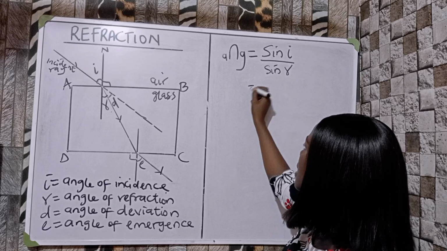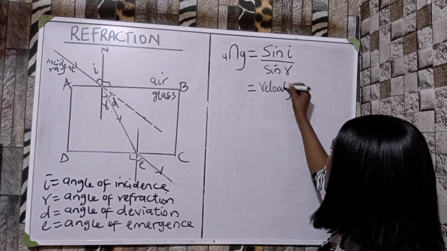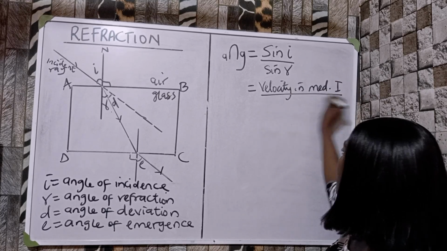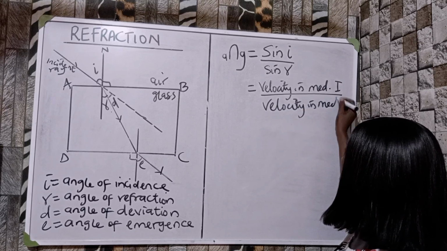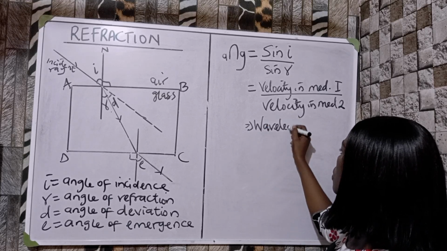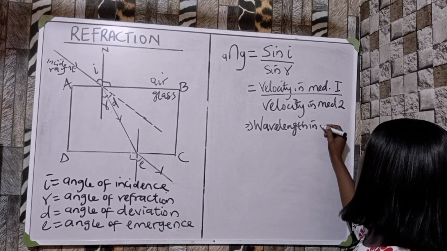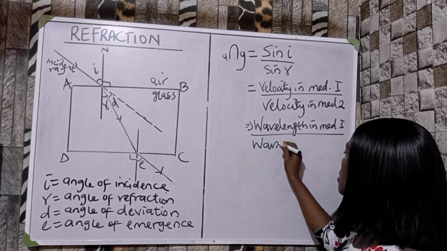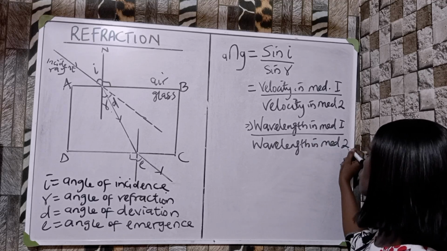We can also say that it is equal to velocity in medium 1 divided by velocity in medium 2. We can also say that it is equal to wavelength in medium 1 divided by wavelength in medium 2.